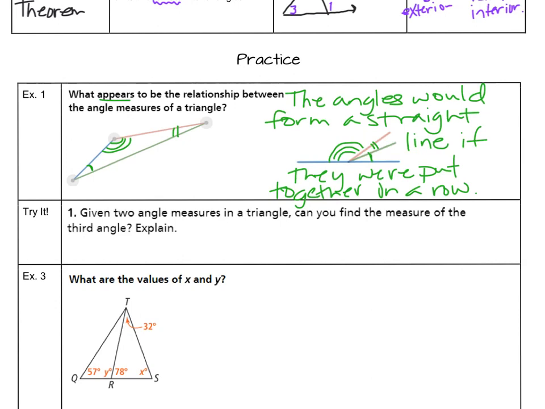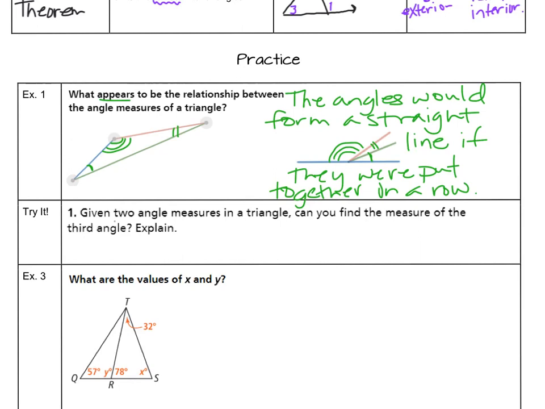Now we'll do a lot of justifying in this class. We've talked about that a lot. In lessons 2.1 and 2.2, we justified why angles or lines are parallel by either a theorem or a converse. In this next one, it says, given two angle measures in a triangle, can you find the measure of the third angle? Explain.